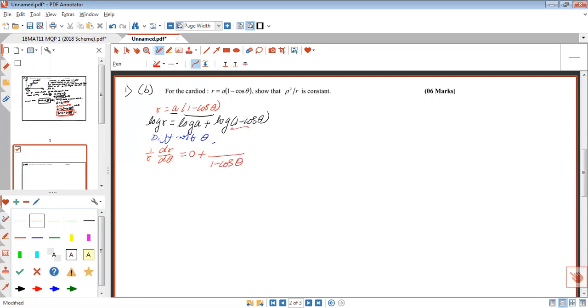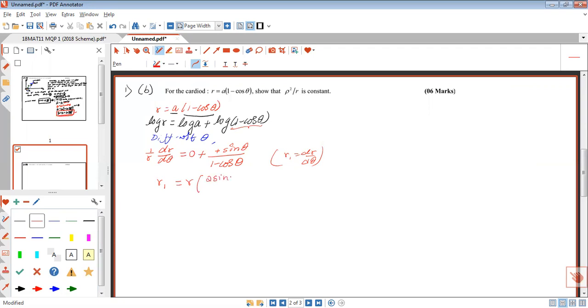Further, differentiation of 1 minus cos theta is 0 minus, cos theta differentiation is minus sine theta, so minus into minus gives plus sine theta. I will take dr by d theta as r1, which is equal to r times sine theta divided by 1 minus cos theta.